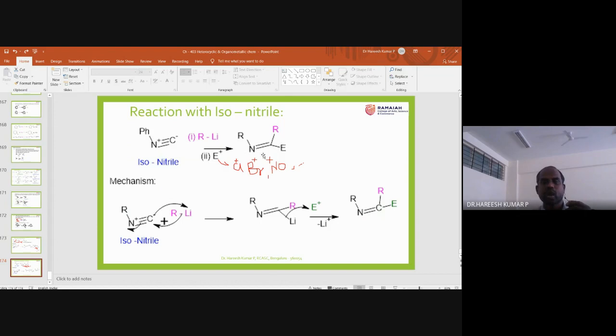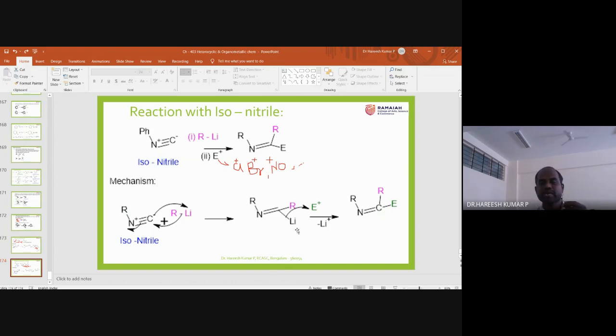If you want to know how this product is obtained, you can look into the mechanism. In this case, R minus adds to the same carbon atom, and at the same time the anion present on the carbon also reacts with the lithium. So there will be a formation of an intermediate like this.